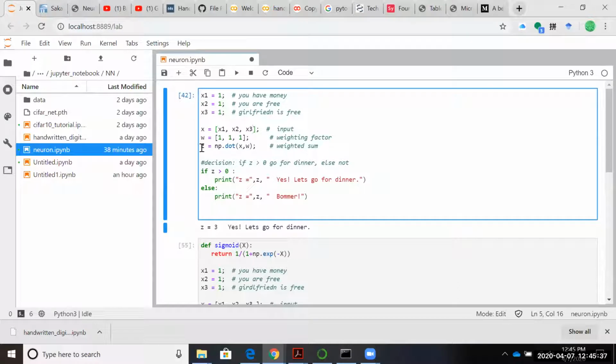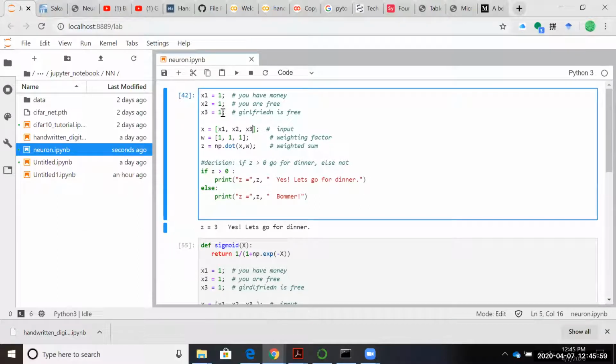That determines the outcome, a number depending on the three inputs and the three weighting factors. If this is greater than 0, I go for dinner. If not, then it's a bummer.